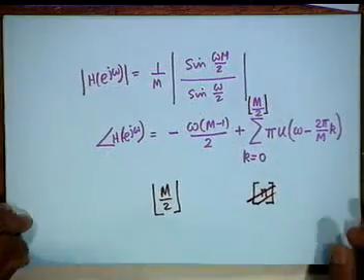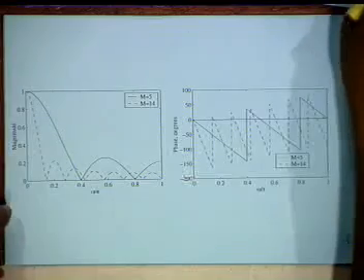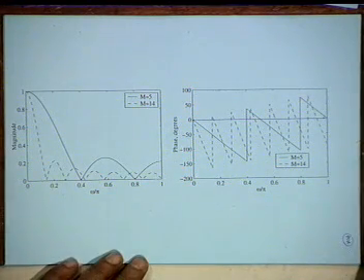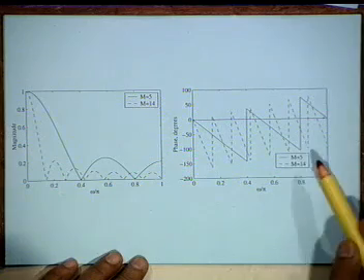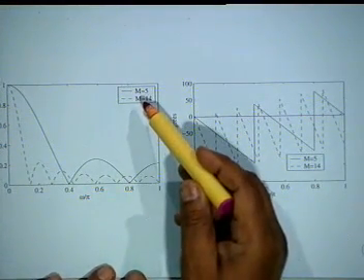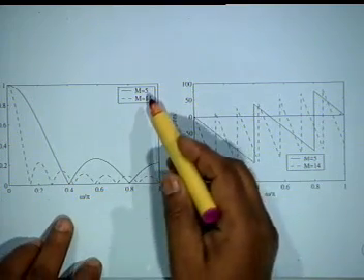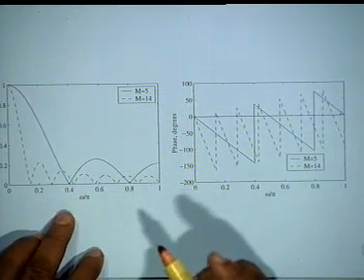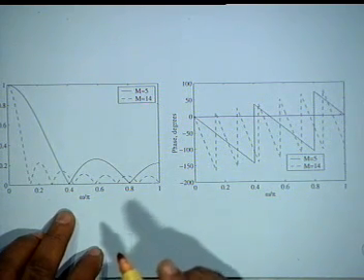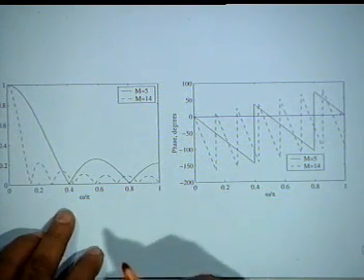Now here it is M by 2, and I have got a plot here of the magnitude as well as phase for two values of capital M. One is capital M equal to 5 and the other is 14. You see, when capital M equal to 5, then the first transition occurs at what value of omega? 2 pi by 5, okay, and 2 by 5 is 0.4.